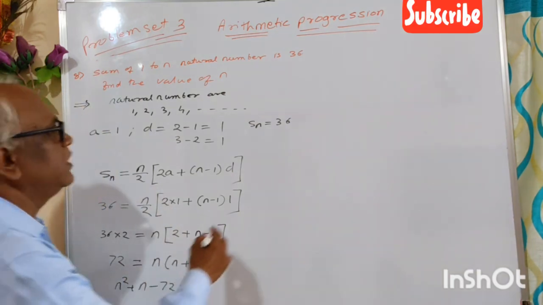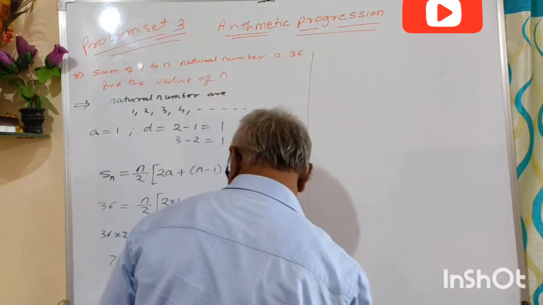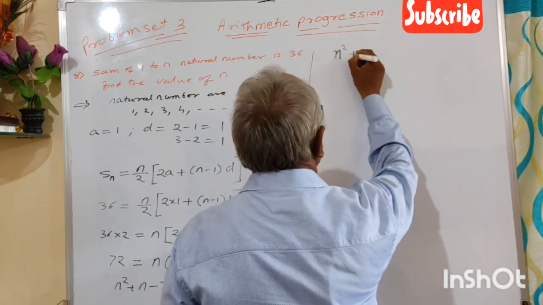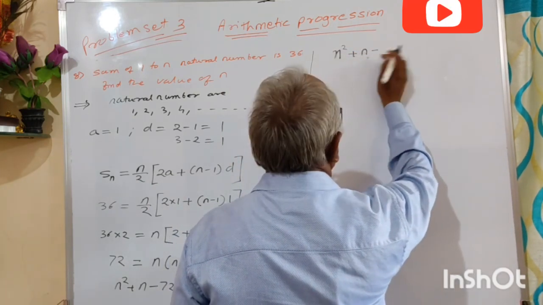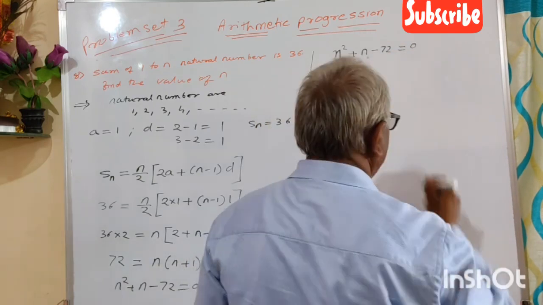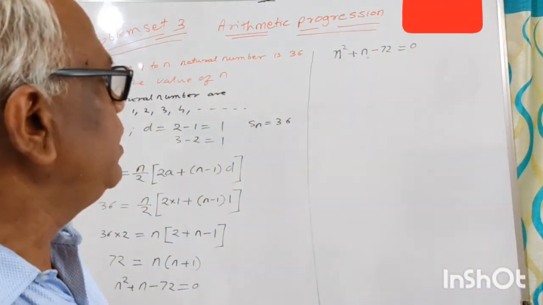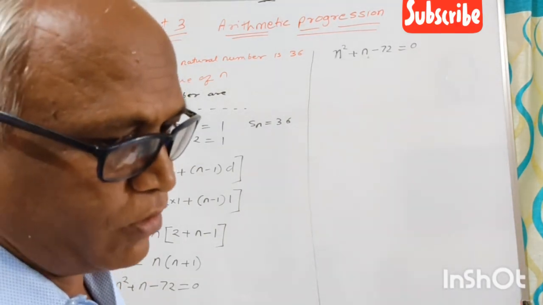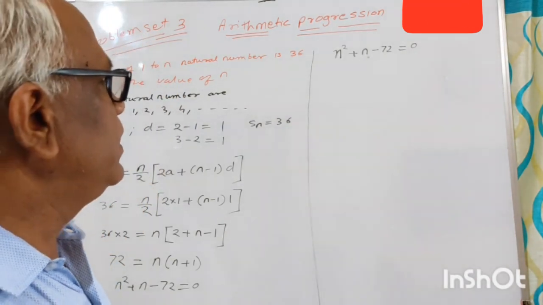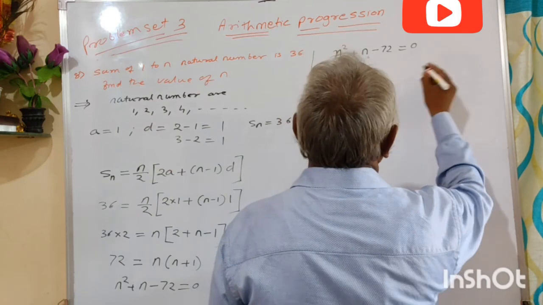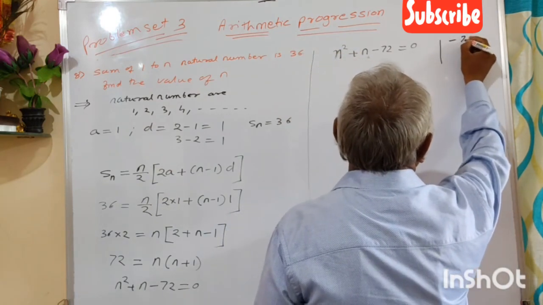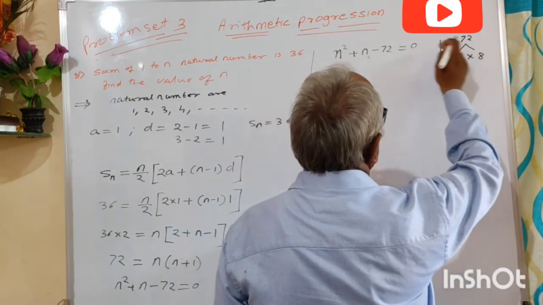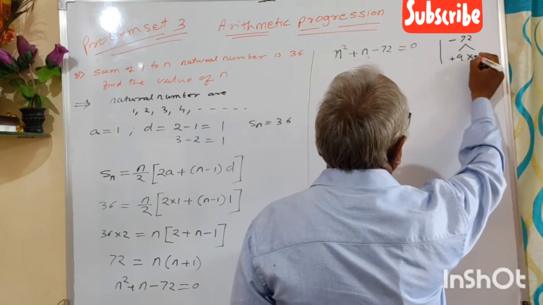Now if you see this example, n square plus n minus 72 is equal to 0. It is in the form of a quadratic equation. By solving the quadratic equation by the factorization method, we will get the value of n. Now here minus 72, that is 9 into 8 is 72. 9 minus 8, that is plus 1. That is plus and here minus.